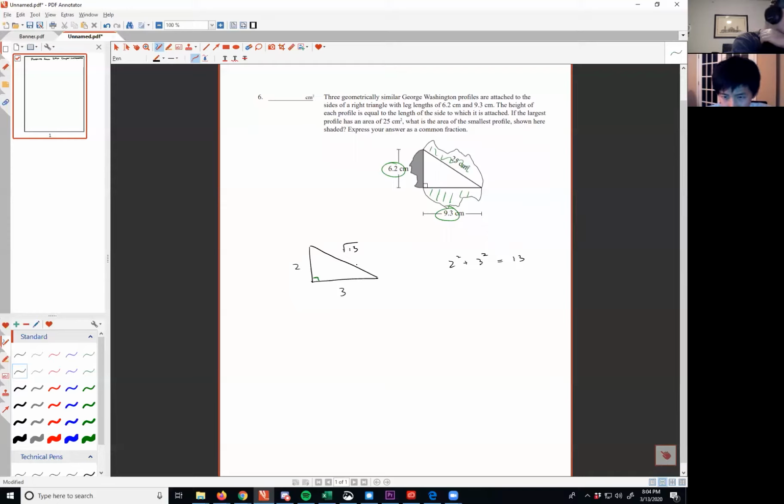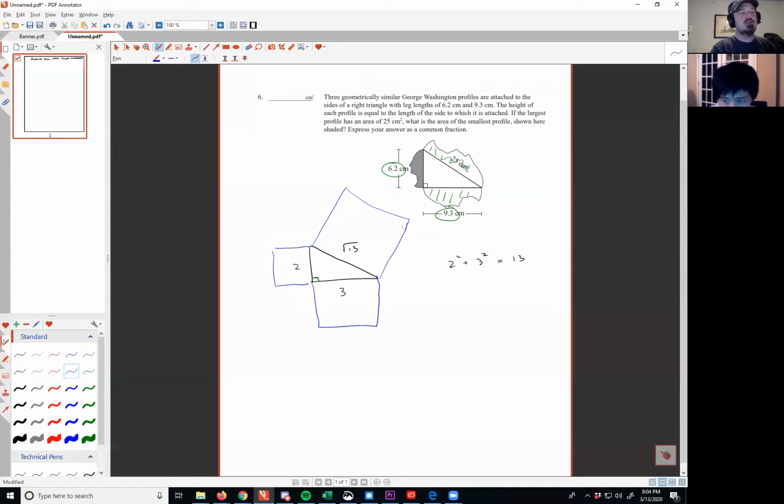Okay. Now, suppose I drew squares out from the sides. What do you notice about the areas of those squares? They're all proportional. What do you mean they're all proportional? They have some sort of rate, like they're kind of similar.